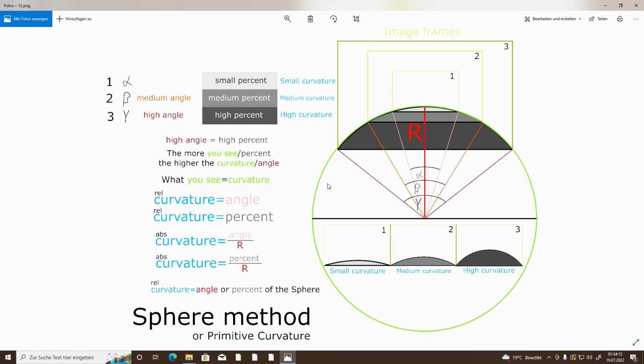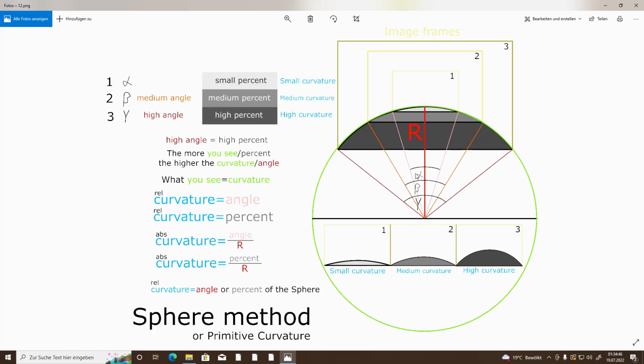Now we're going to the last part, the sphere method, and that's kind of a recap from the last video, where we discussed that the more you can see of a sphere, the more curvature you will see. There seems to be a color as white as the background, so I'm sorry.